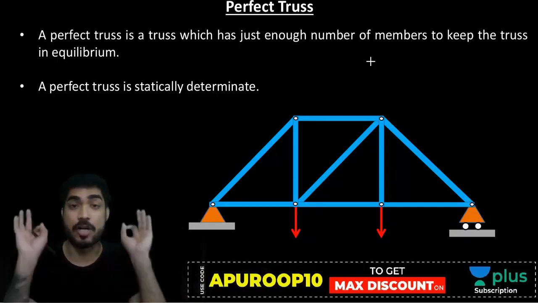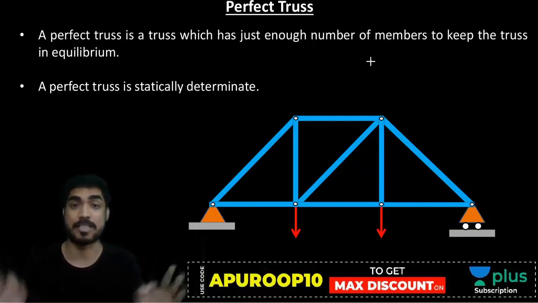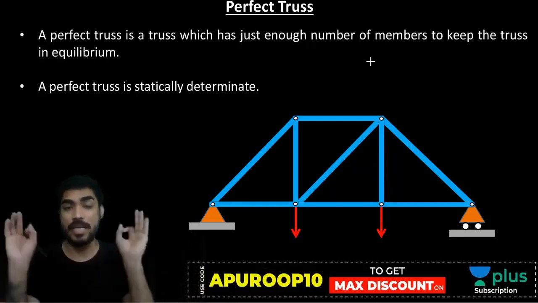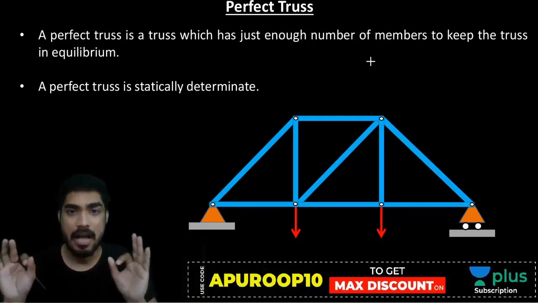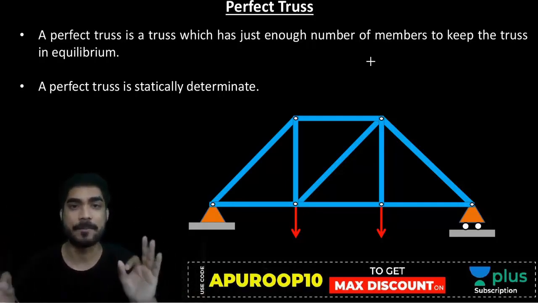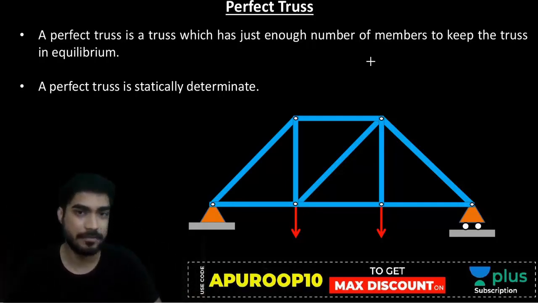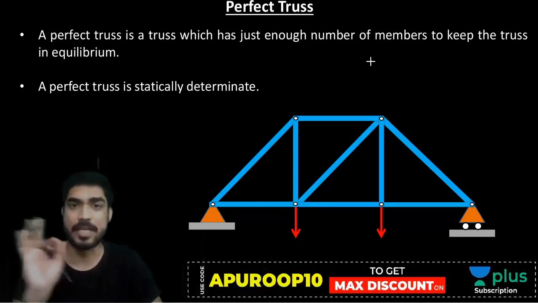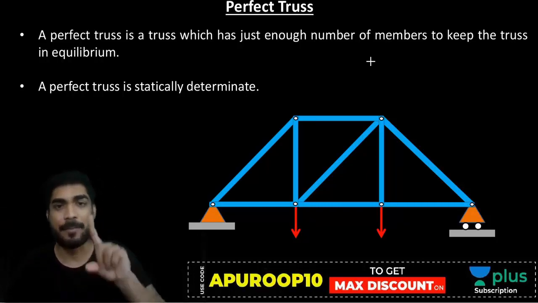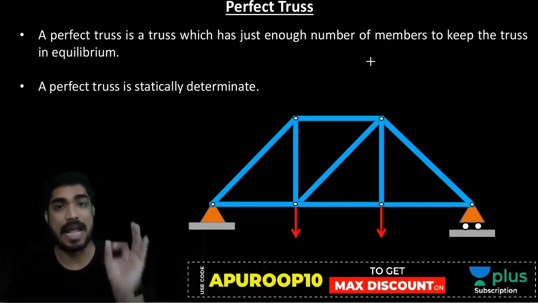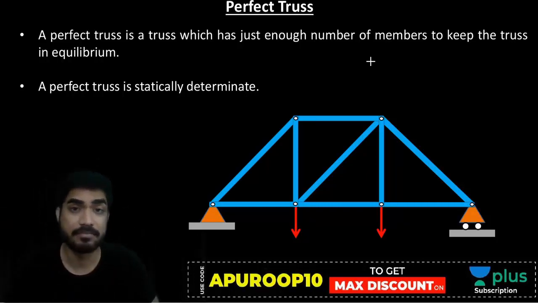The truss must not collapse. The truss must not move. So in order to keep it stable, how many members do you need? If you need 10 members to keep the truss in equilibrium, then it will be a perfect truss if the number of members is exactly equal to 10.